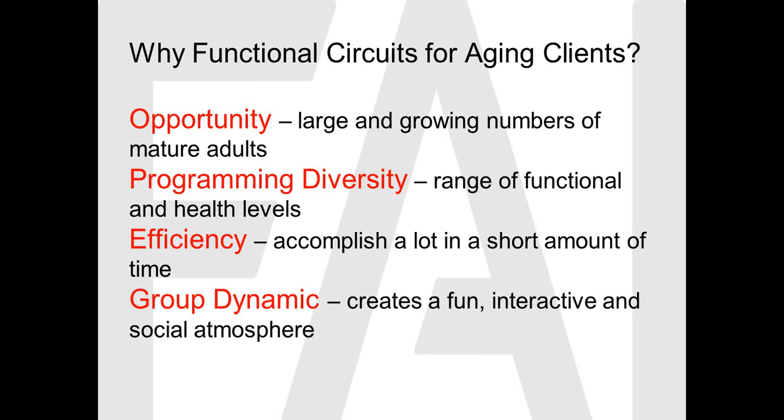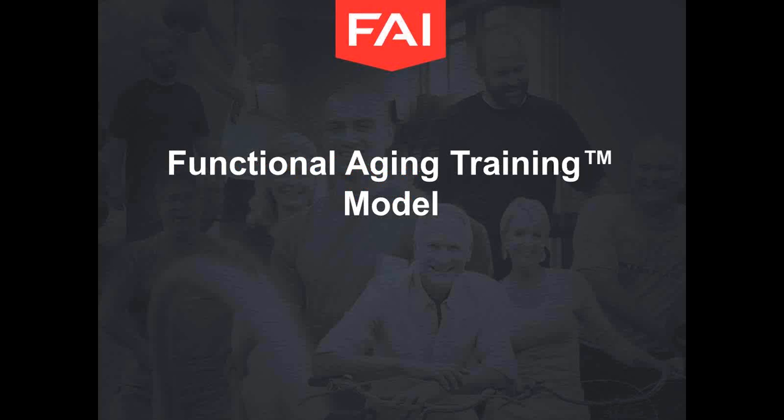People are always laughing and smiling, and of course they're still sweating and grunting and groaning as they exert themselves. But the group dynamic and the efficiency of the programming really makes the session fly by, and people really enjoy it. So that's a few reasons why we employ a lot of functional circuits, and why I think they can be very successful if you work with older adults and want to focus on that.